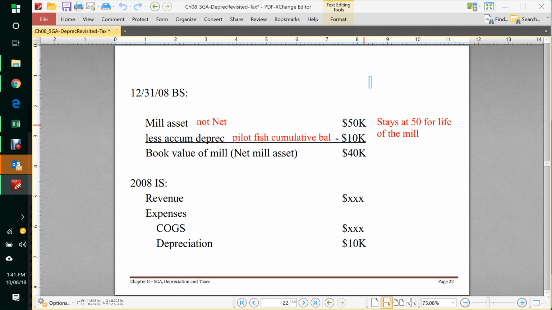What we bought the mill for minus the total amount of wear is the book value, or what we called previously net mill asset or net PPE. So you can see the finance way is just a little simpler, a little less complicated, but they both get us to the same place, which is to show the 40,000 book value at the end of 1 year. And the income statement here is going to be just like it would have been using the pure finance method, depreciation expense of 10,000.